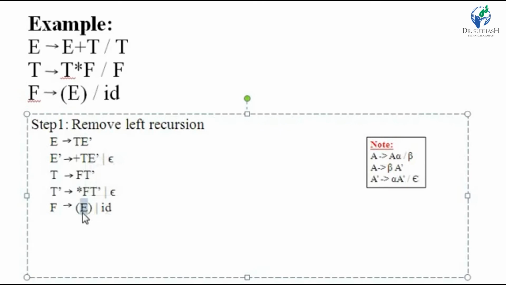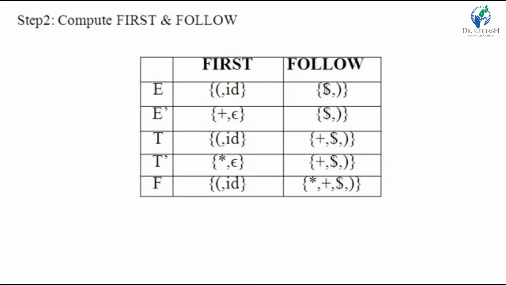Here your E is B. So first of beta, it means first of closing bracket. Closing bracket is a type of terminal. So first of closing bracket is equal to closing bracket. So follow of E is equal to $ sign and closing bracket.